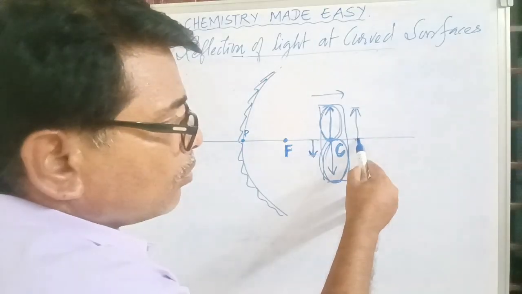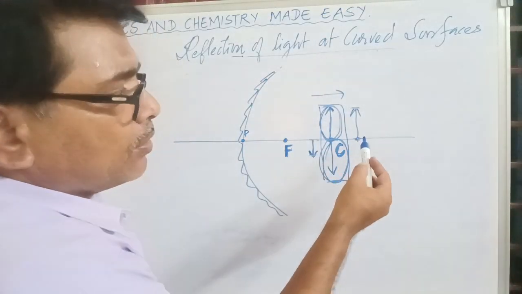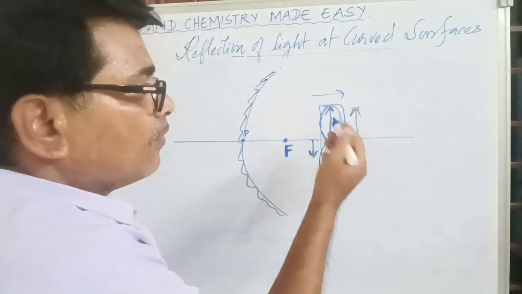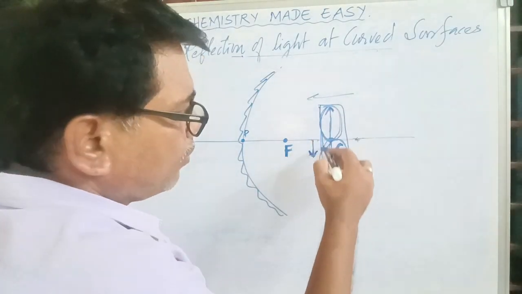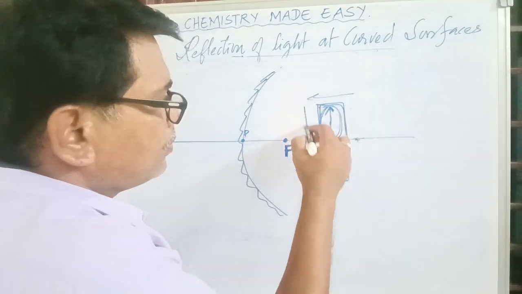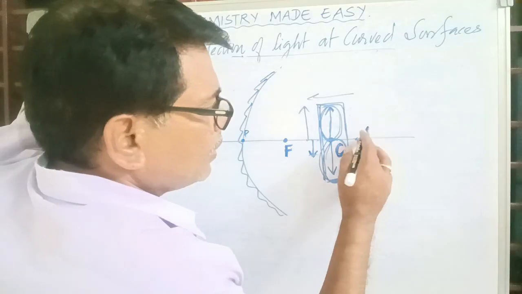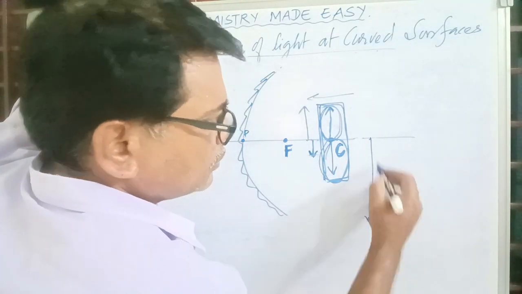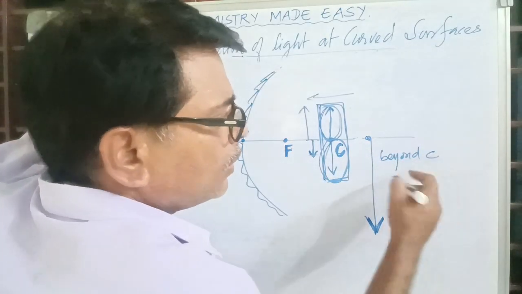So what is this position called? Beyond C. Object beyond C. If the object is beyond C, you will get the image between C and F. Let us take this object. This is understood now. On C, it is the same size. Now the object has moved this side towards left. Therefore the image will move on the other side, and the image which moves on the other side of C, this position, we call it beyond C. It is beyond C for the image.